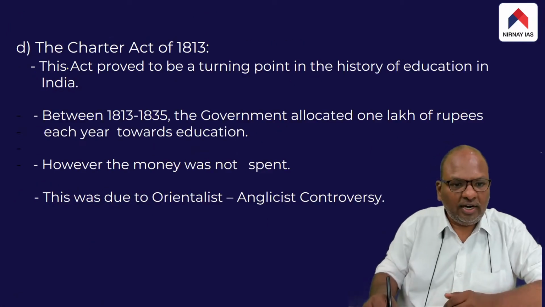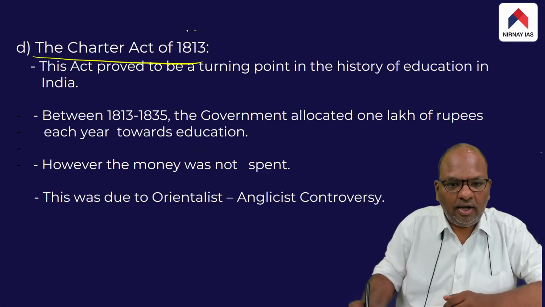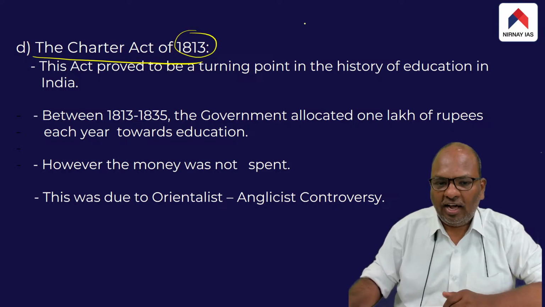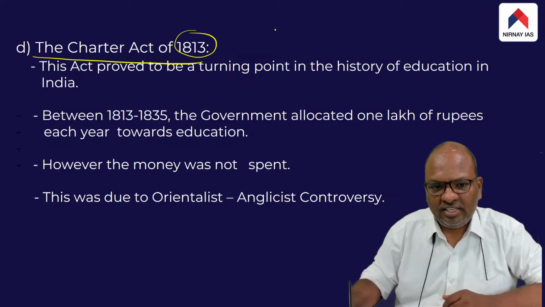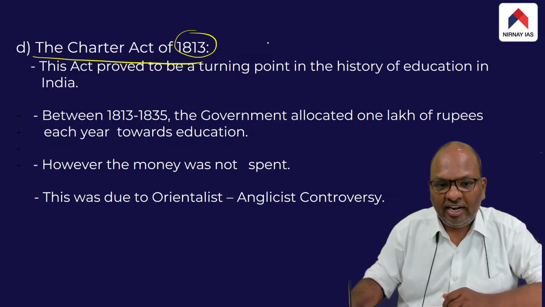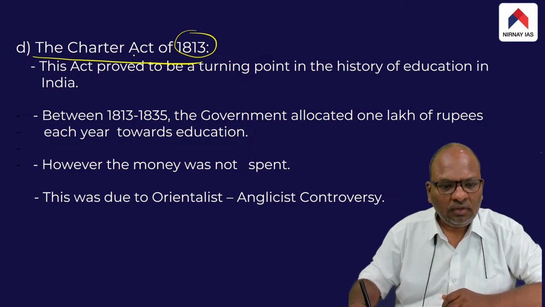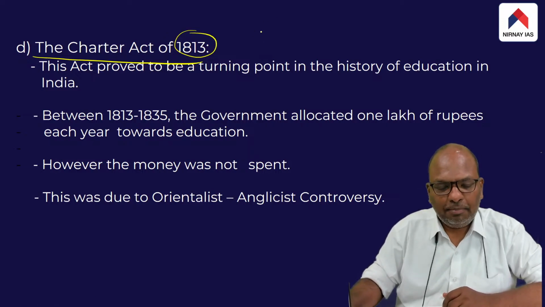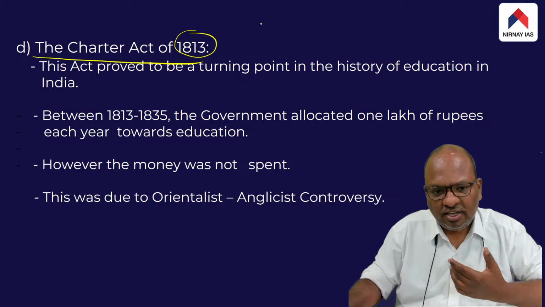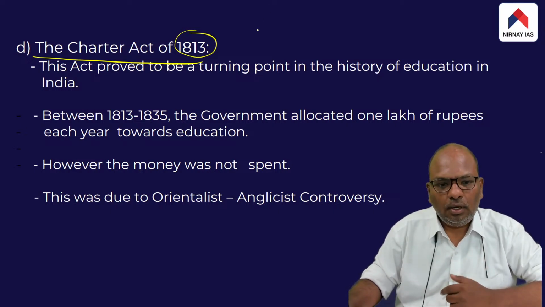The fourth push factor came from the Charter Act of 1813. The British Parliament kept passing legislations relating to India. One such legislation which was passed was the Charter Act of 1813.